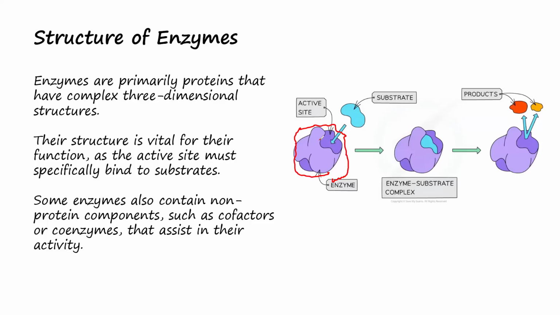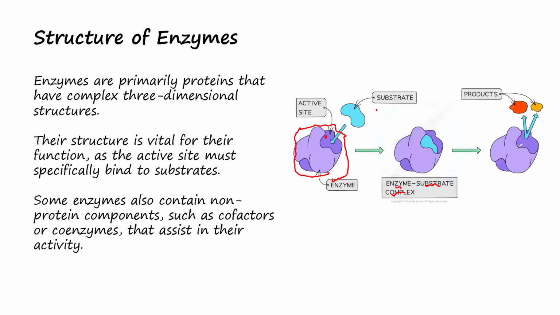An active site is the part of the enzyme where the substrate binds. For example, this is the active site and this is the substrate. The substrate will bind to the active site, and therefore we'll have an enzyme-substrate complex. When we say enzyme-substrate complex, it means that the enzyme and the substrate bind.